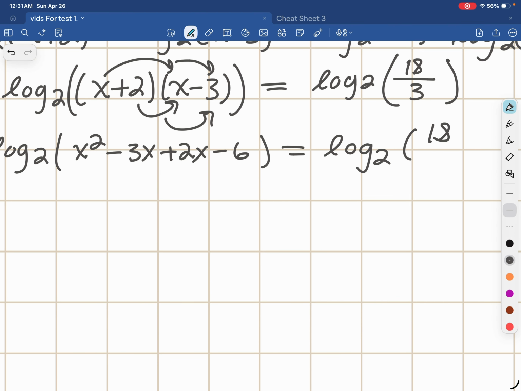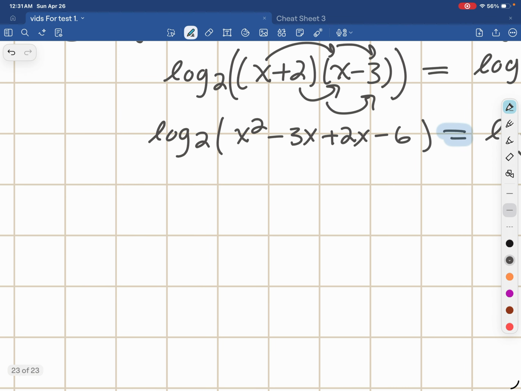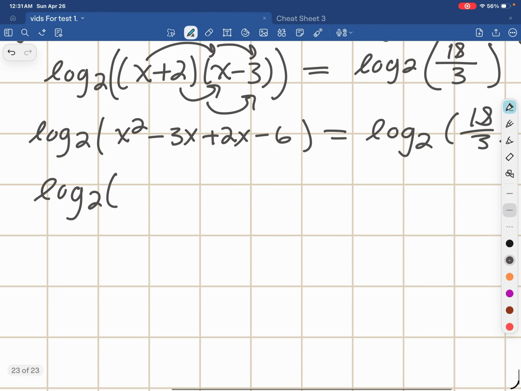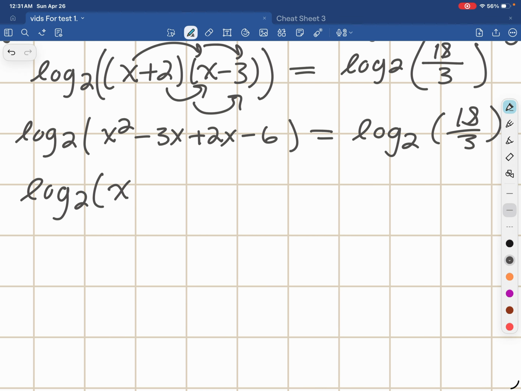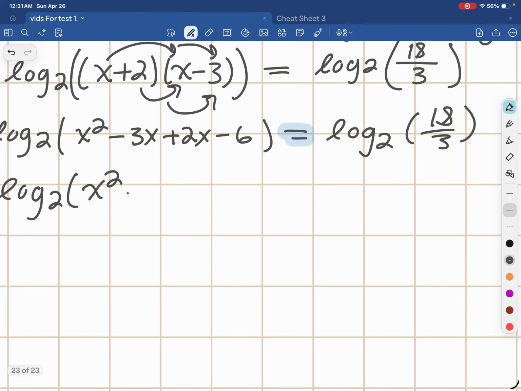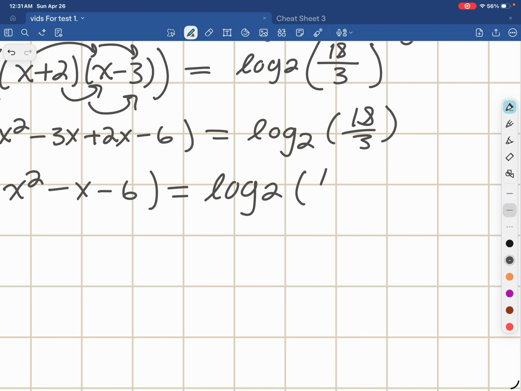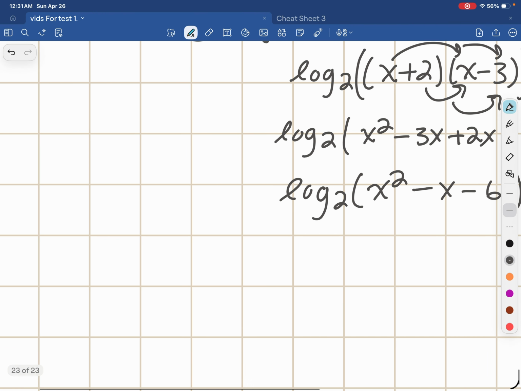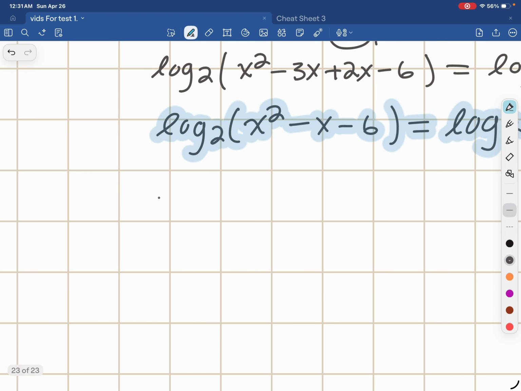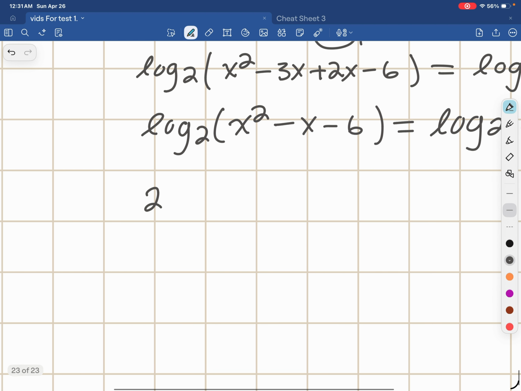Be careful with writing the way you write your powers or your bases. And we'll get log base 2 of x squared minus x minus 6 equals log base 2 of 18 over 3. A very simple problem. Now we can just raise everything to the power of 2. So we should get this.